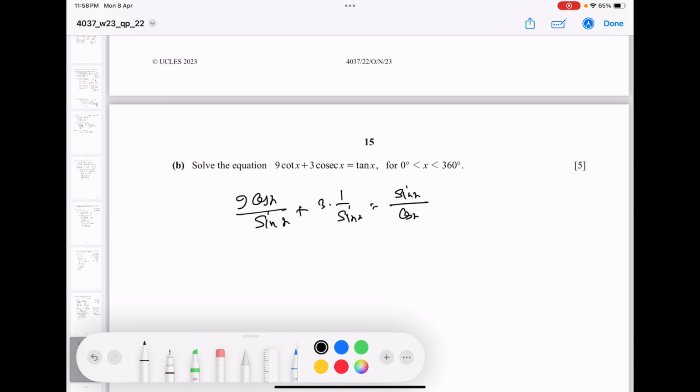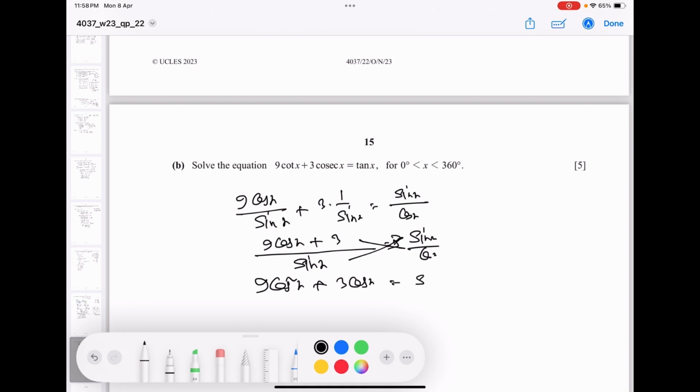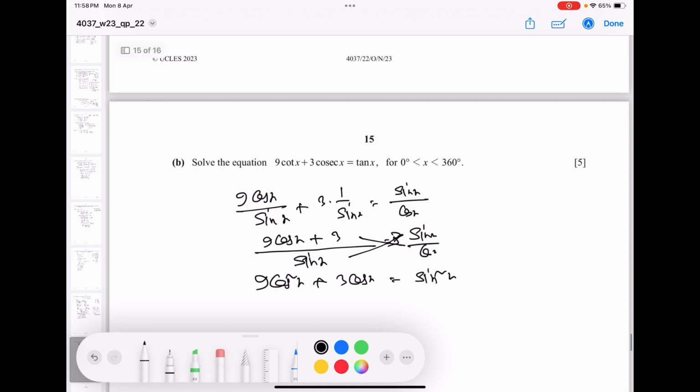Let us do the LCM. Sin x is the LCM. So 9 cos x plus 3 equals 10 sin x by cos x. Multiplying both sides by sin x by cos x, or in another way we can say we can do cross multiplication, so 9 cos square x plus 3 cos x equals 10 sin square x.